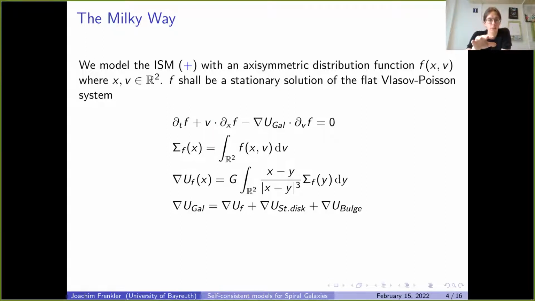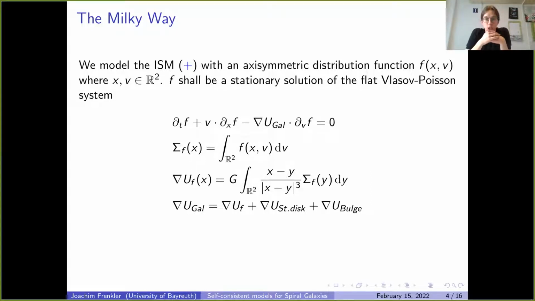We model the ISM, these were the blue crosses in the previous slide, distributed between 4 kiloparsec and 21 kiloparsec. We model this ISM with an axisymmetric distribution function. So by assuming axial symmetry, we ignore at first the spiral structures which can be found in the Milky Way, but we will re-encounter them later.